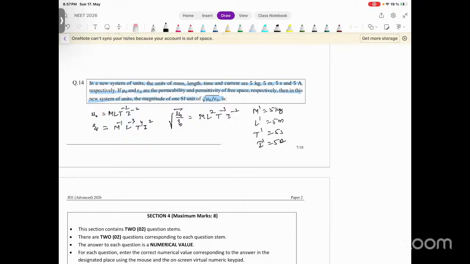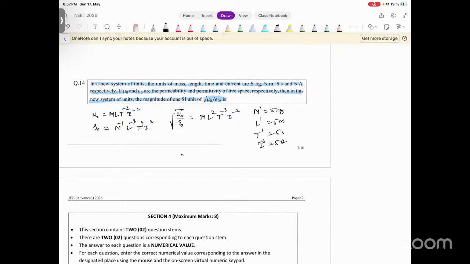So in the new system, you can use the formula N1 U1 is equal to, but I can directly write from here itself. It will be 5 power 1. This is 5 power 2. This is 5 power minus 3. And this is 5 power minus 2.